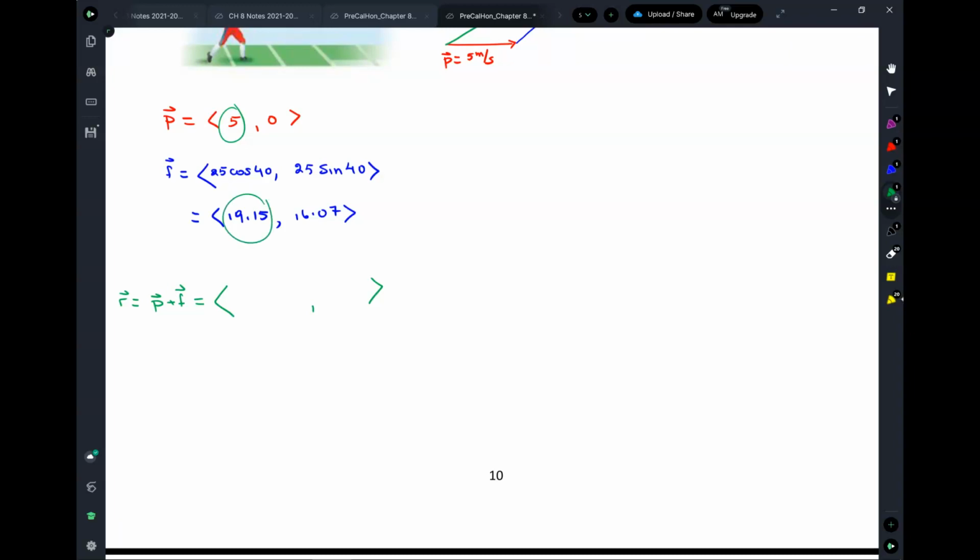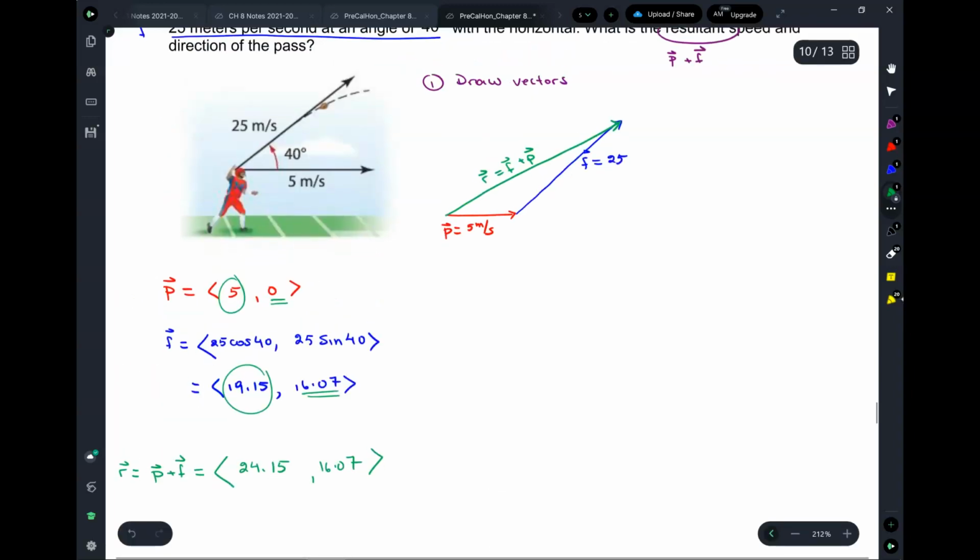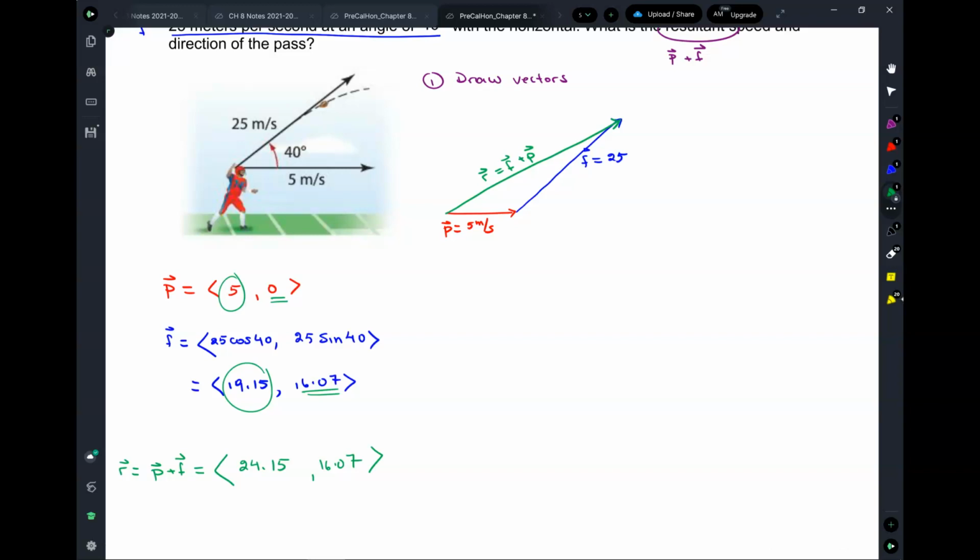So that'll be 24.15. And then this to this, 16.07. So the adding is straightforward just as long as it's in component form. Okay? You can't add the magnitudes. You can't do 25 plus 5. Oh, the ball is traveling at 30 meters per second. No. But you can do it this way.